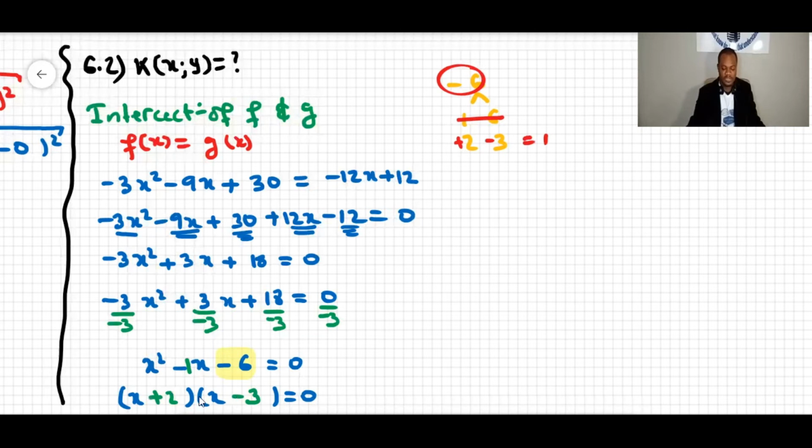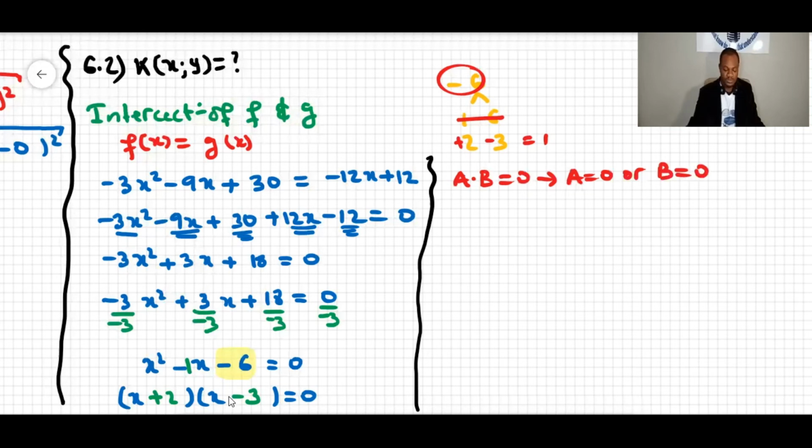Therefore, x equal to -2 or x equal to +3. How did I get it? Maybe I need to write it down. There's a property in math that says if you have A times B equal to 0, this means that A equal to 0 or B equal to 0.